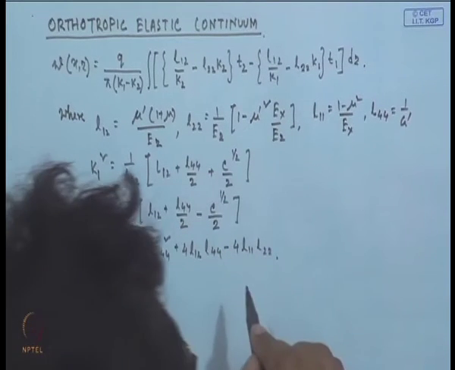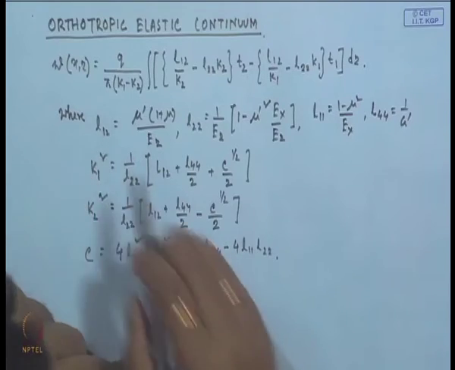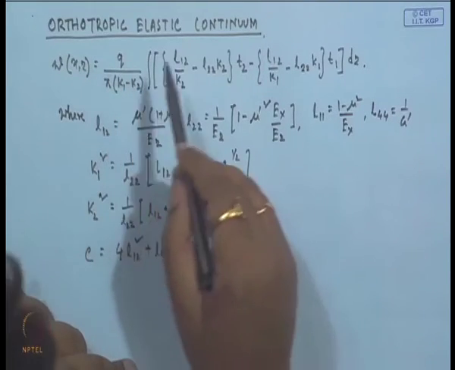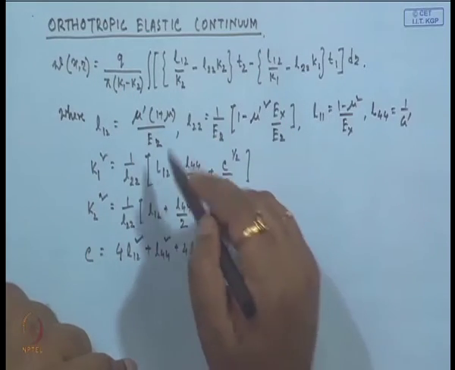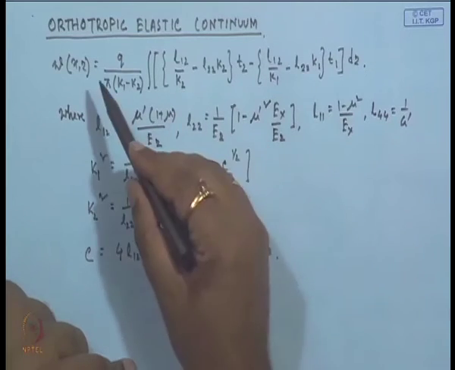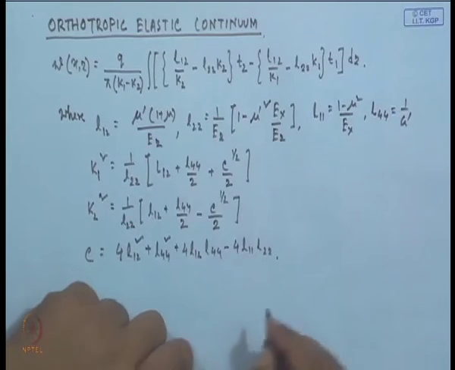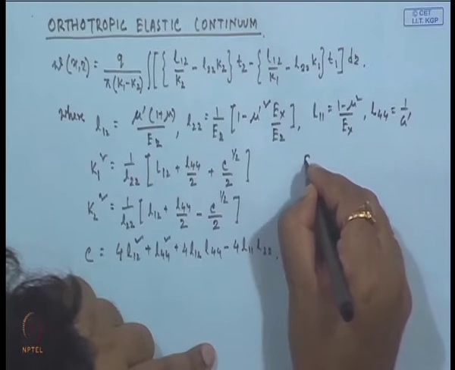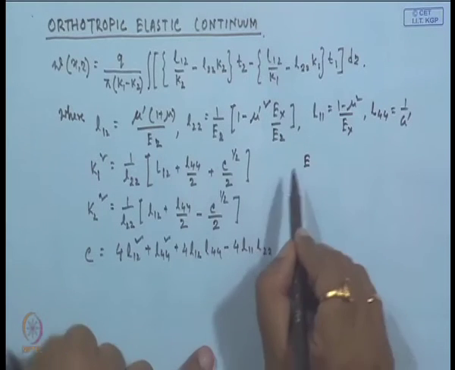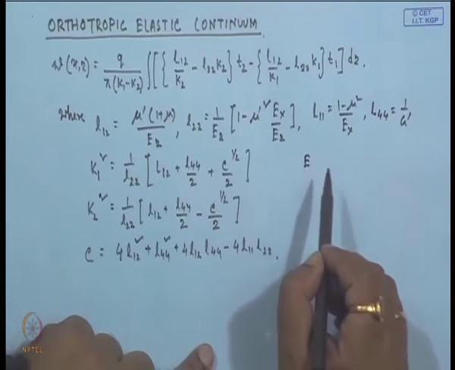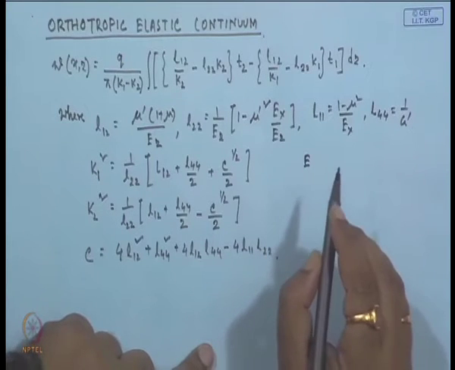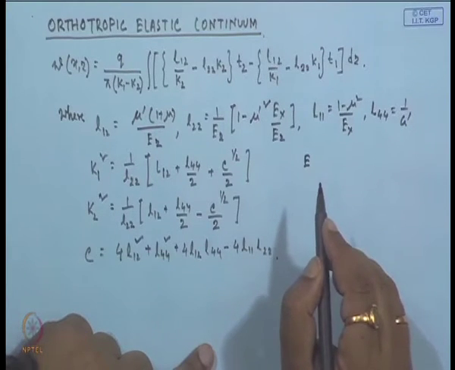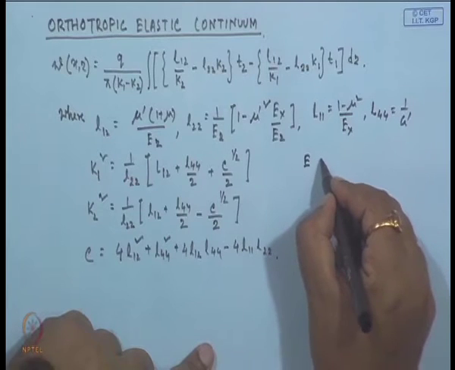So, these are the expressions by which we can determine the surface deformation for the orthotropic elastic continuum case. Here we will get E, and somewhere we are using E dash.